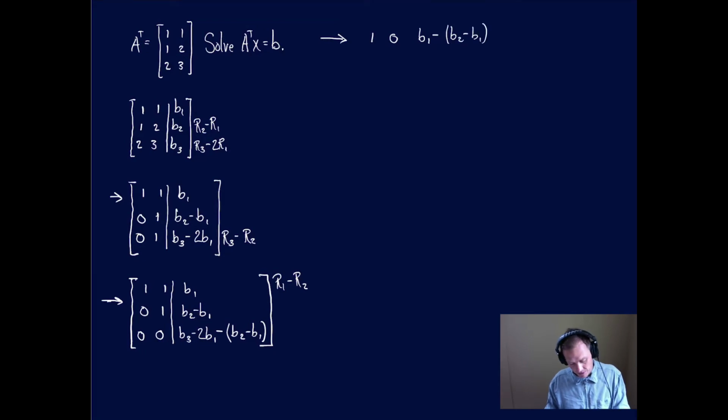Then I'm going to have the second row is the same, 0, 1, B2 minus B1. And then the third row is 0, 0. Let's see, can we clean that up? I know I've got a B3, so let me write that. And then it looks like I have a minus 2 B1s plus a B1, so it's going to be a minus a B1. And then I'm going to have plus a B2.